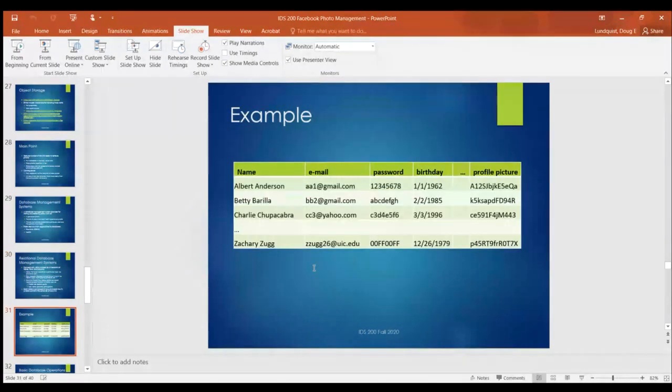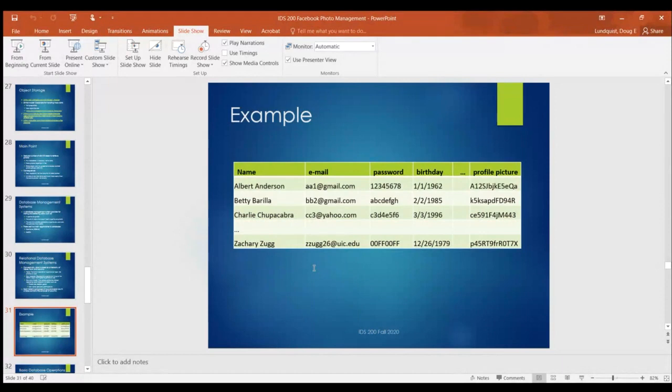Okay, so I'm going to do one more slide, and here's an example. This is a list of customers. We start off with Albert Anderson. He's got an email, a password, a birthday, some other fields, and some system address for his profile picture. And Betty Barilla, Charlie Chupacabra, and other users all have the same information. Down at the very end, Zachary Zug has the same stuff too.